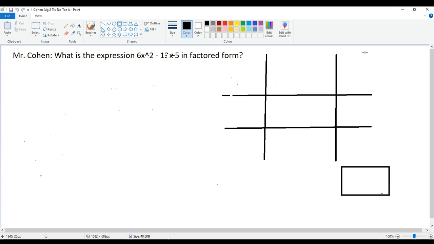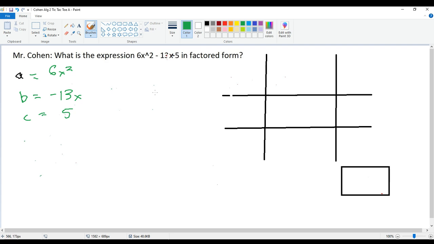When the coefficient is greater than 1, which is our a term, then we see that our a term, this is the whole term by the way, is equal to 6x squared. Our b term, the whole thing, is equal to minus 13x. And our c term is equal to plus 5. We'll just put a 5 there.